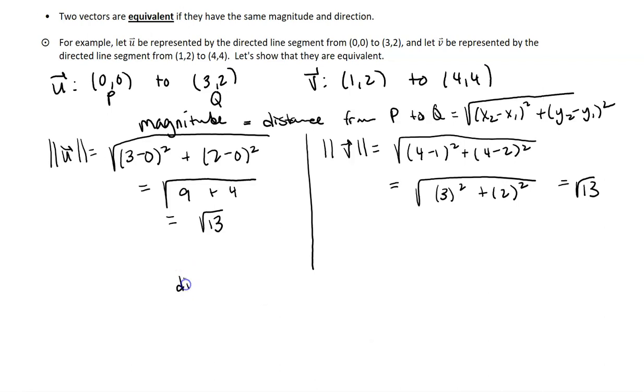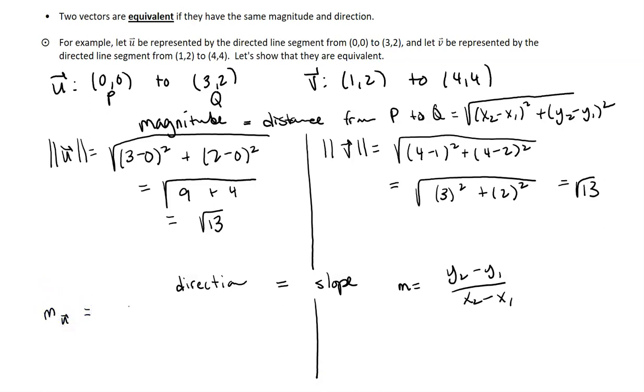Now when we're looking at the direction, we can just find the slope, which is (y2 minus y1) over (x2 minus x1). So the direction for u, and we'll call it m sub u, is (2 minus 0) over (3 minus 0), or 2/3.